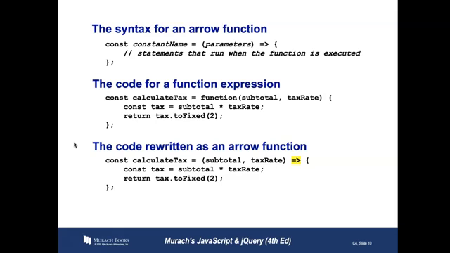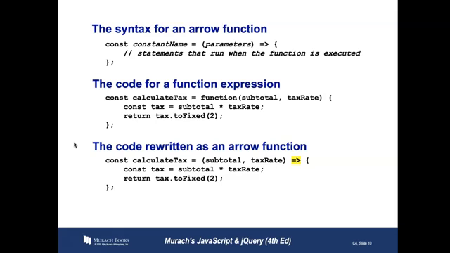So this is an arrow function with a function expression. So we have constant name equals, and inside the parentheses we have our parameters, and then the function call. So you have a variable equals, then the arguments that get sent, and often that'll be empty, then the equal greater than, which is the arrow, and then the curly braces.